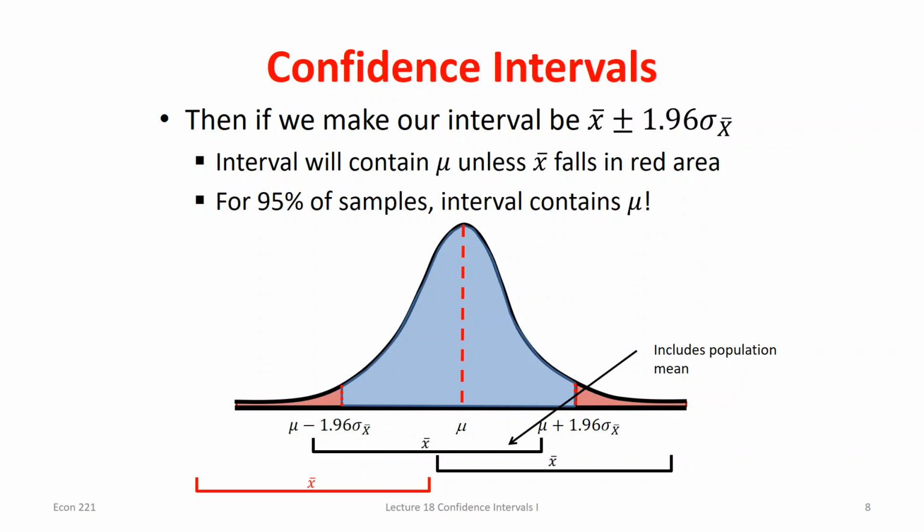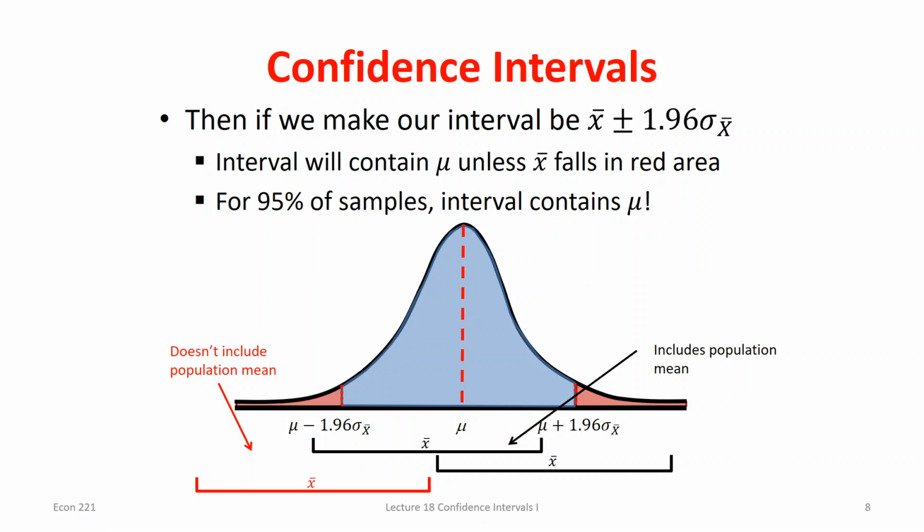I know the probability I see a sample mean that's further than 1.96 standard deviations above or below is only 0.05. The probability that I see something less than 1.96 standard deviations above or below this true mean is 0.95. So 5% of the time I'd be constructing a confidence interval that didn't include the population mean, but 95% of the time, for all these possible sample means in this blue area, it would include that true population mean.